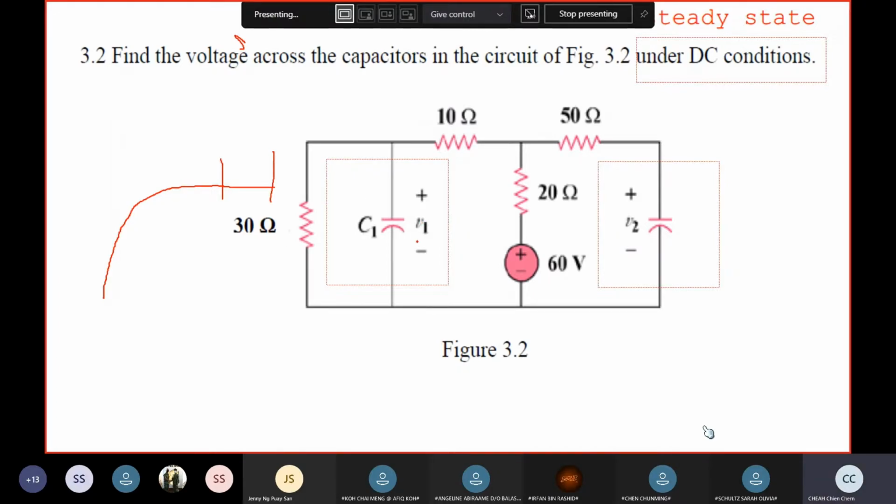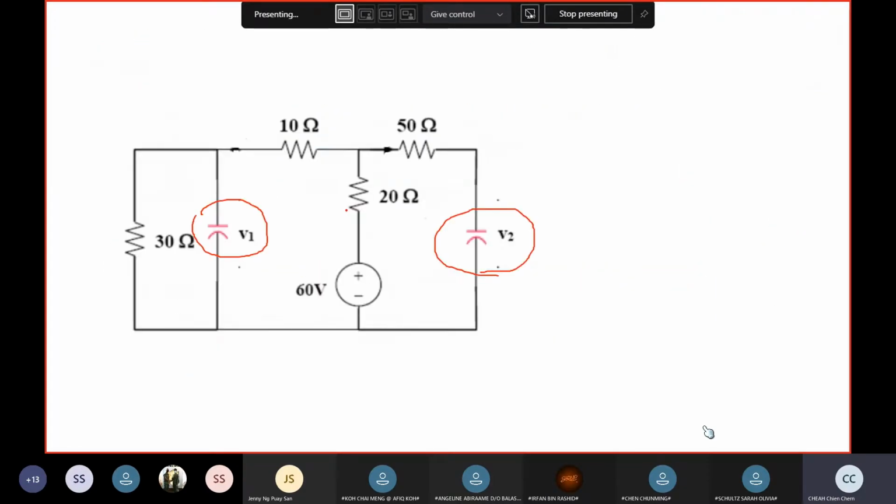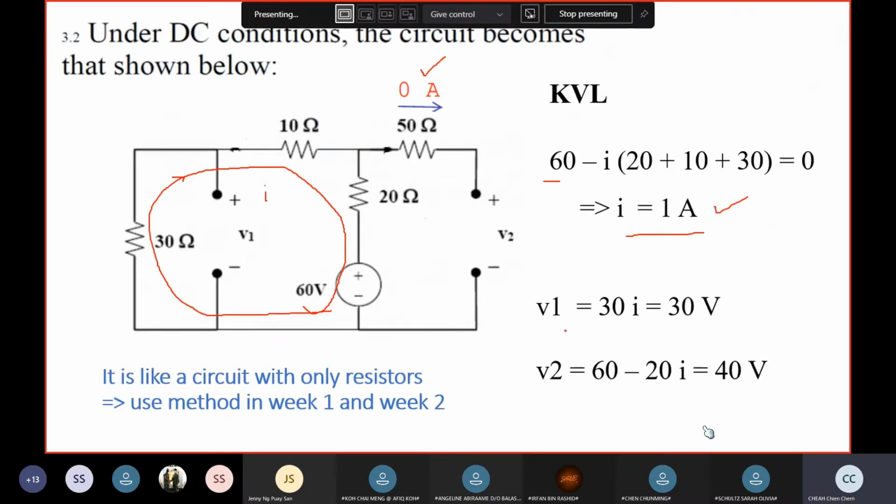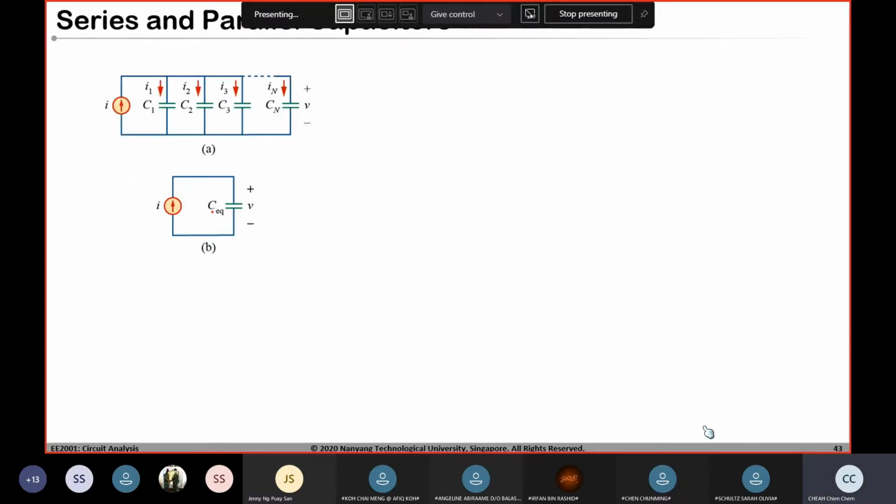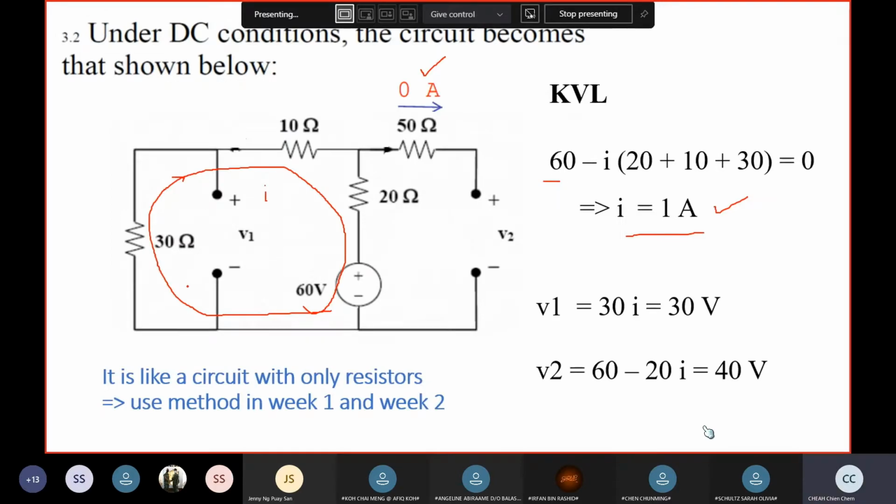So this is V1. If you are confused, you just take KVL around this loop. This is I. Take KVL around this loop, you can also write down this equation. Then just put I equal to 1 into here, and you can see that it is 30 volts.